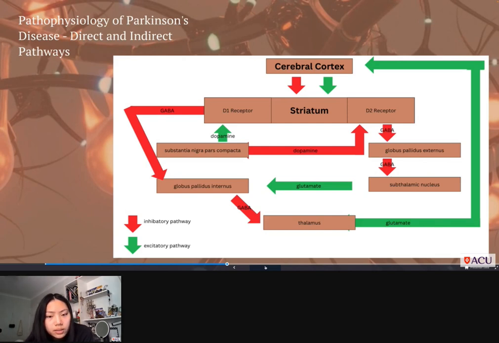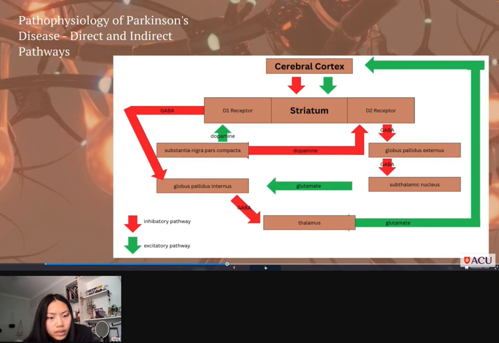Now, dopamine has a really important role in both the inhibition and excitation pathways because it binds to the D1 and D2 receptors in the striatum, and which receptor it binds to will determine whether the excitatory pathway is stimulated or the inhibitory pathway is inhibited.